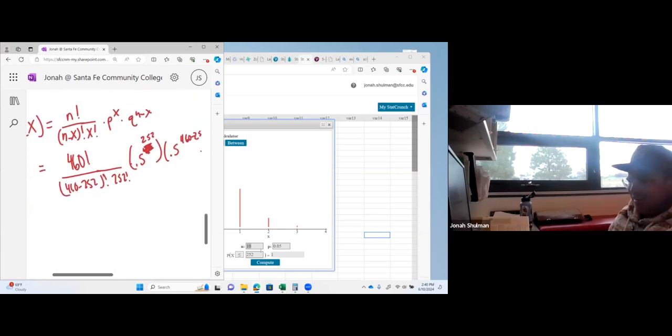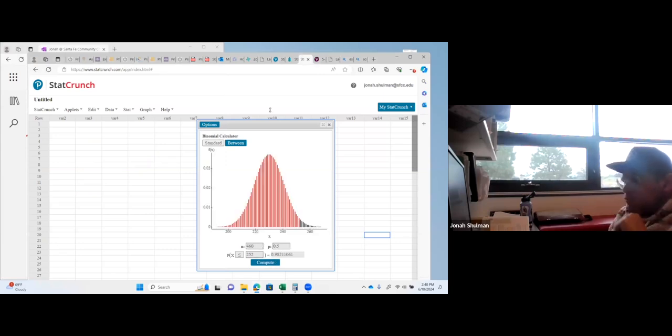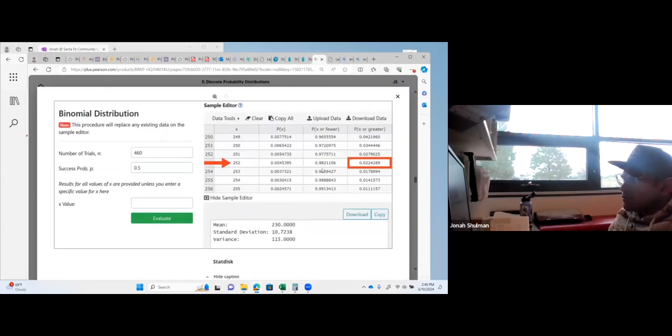Okay, and this is 460. And this is 0.5. 0.982. Let's go back to the book. 0.982. I have X or fewer. And then X or greater. That's where the 0.17 is. So now I can figure out how to get the X or greater.